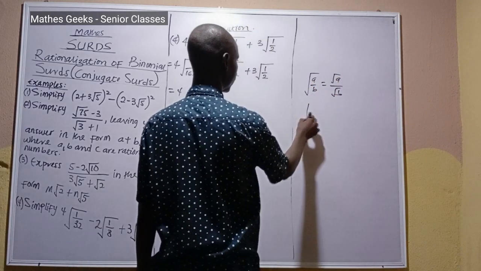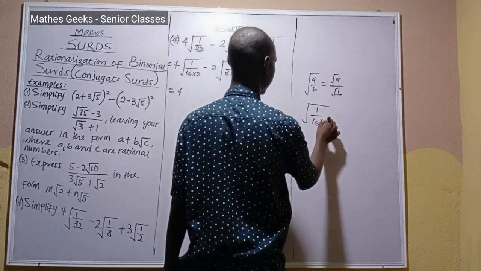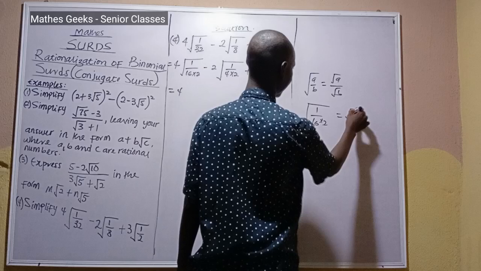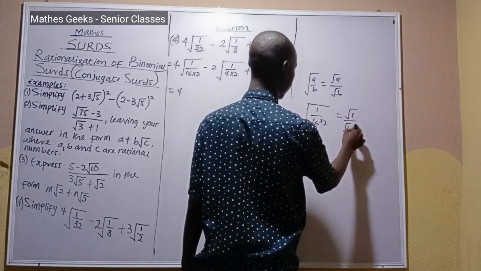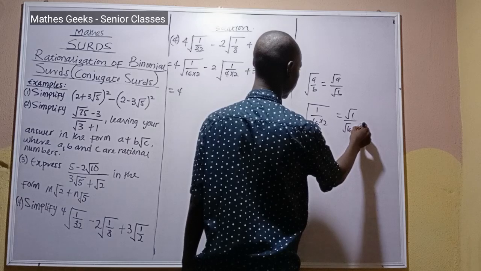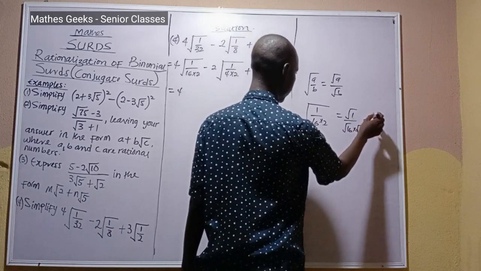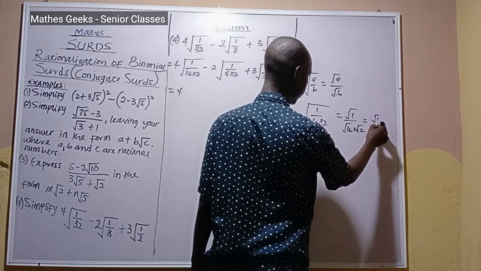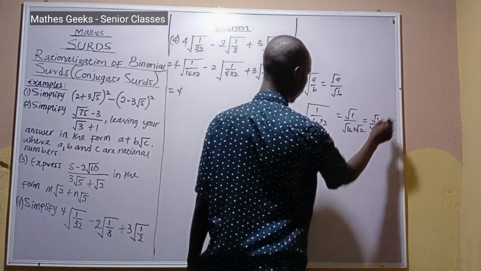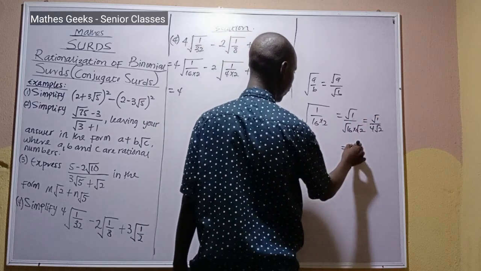So then we have 1 over 16 times 2, that is root 1 over root 16 times root 2, where the square root of 16 is 4. That's root 1 over 4 root 2. Since the square root of 1 is 1, that gives us 4.